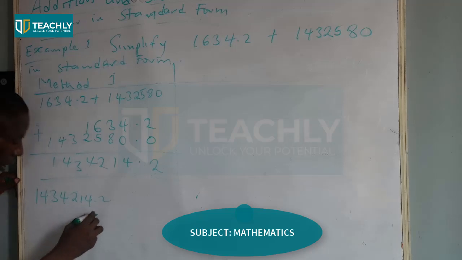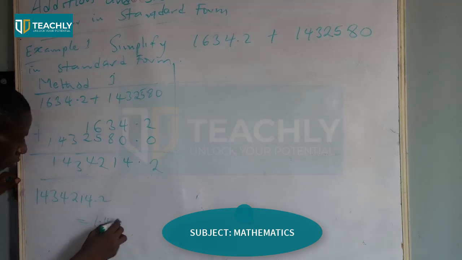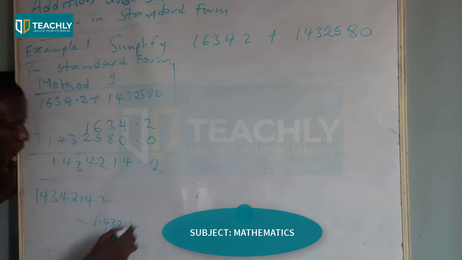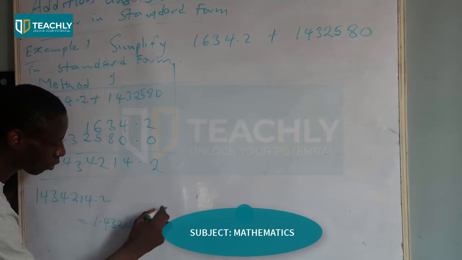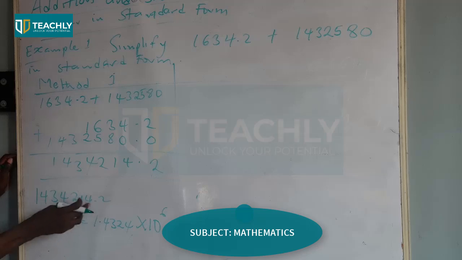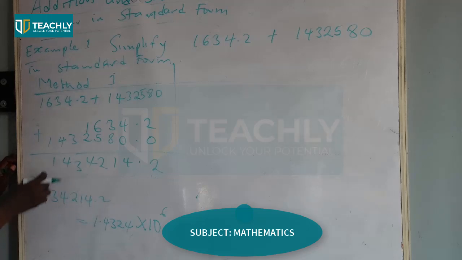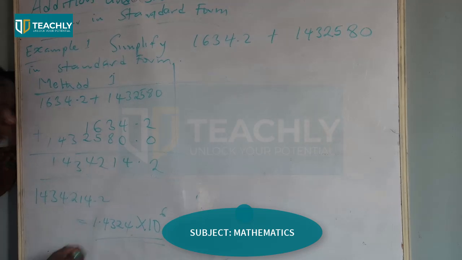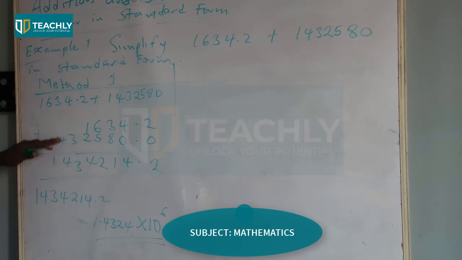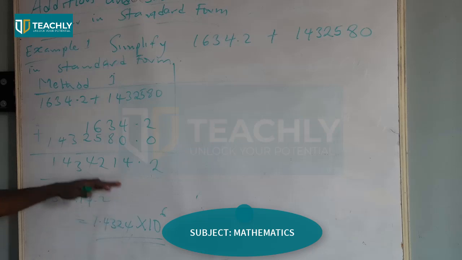So it will be 1.4342142 and the remaining digits, times 10 to the power 6. So this is your final answer. So you first add them together, and then convert the final answer to standard form.